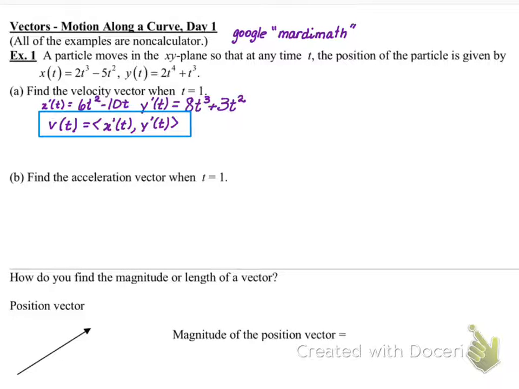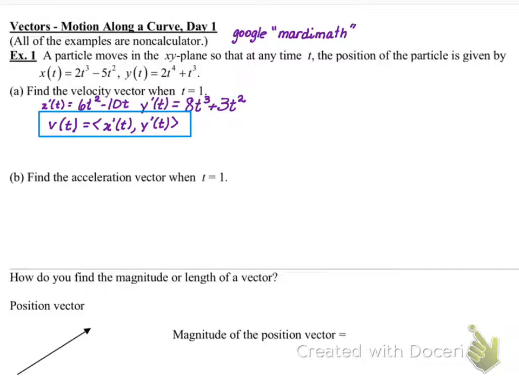Okay, so we find the derivative of x of t and y of t, and the velocity vector, as defined in physics, is the vector x prime of t, y prime of t. At this point in class, I usually rely on students to explain this to other students.